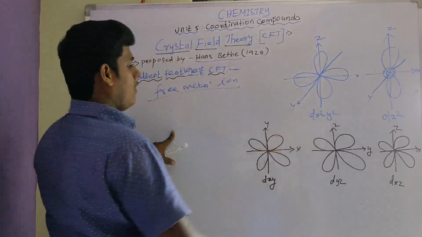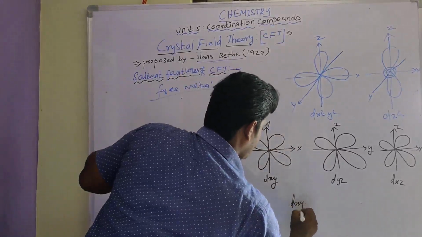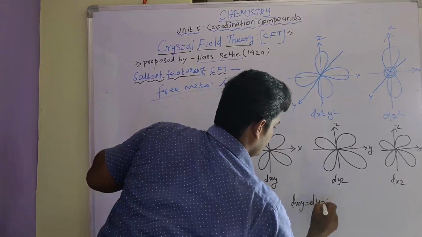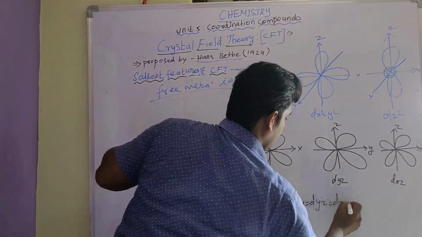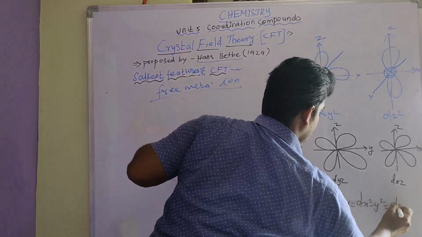So these are all the five d orbitals: dxy, dyz, dzx, dx square minus y square, dz square.